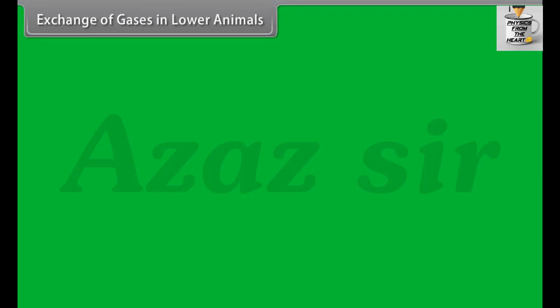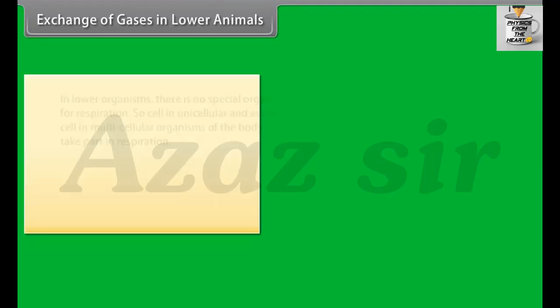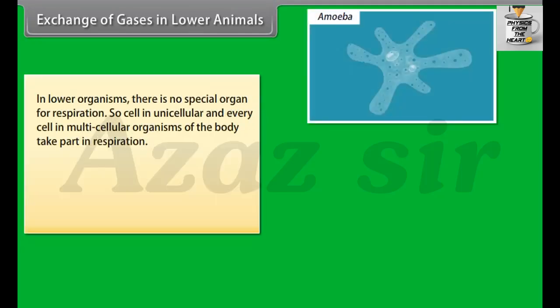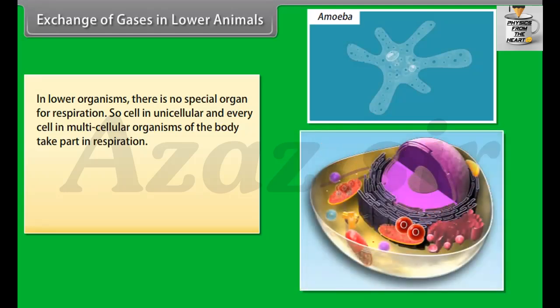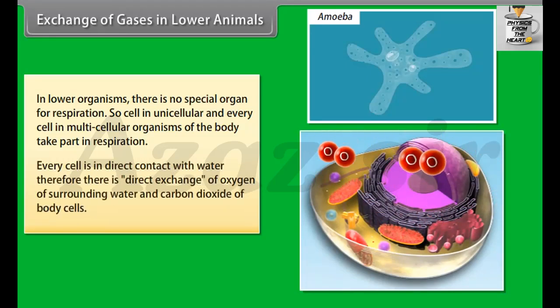Exchange of gases in lower animals. In lower organisms, there is no special organ for respiration. So the cell in unicellular organisms and every cell in multicellular organisms takes part in respiration. Every cell is in direct contact with water. Therefore, there is direct exchange of oxygen of surrounding water and carbon dioxide of body cells.